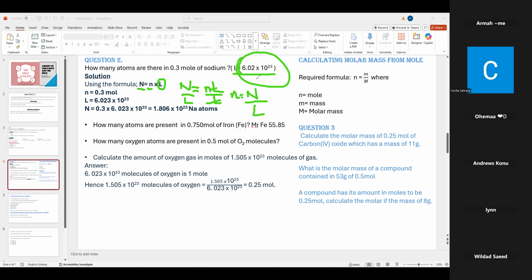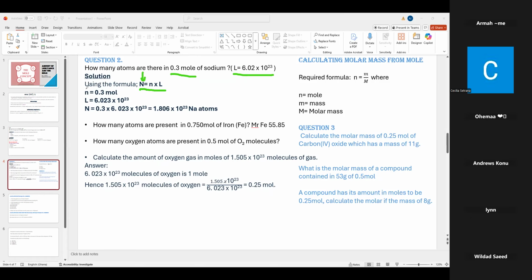Okay. Like I said, if you have a question like this, how many atoms are there in 0.3 mole of sodium? The mole is given, and you know your Avogadro's constant. The formula is N equal to small n times L, where capital N is the number of atoms we are looking for.